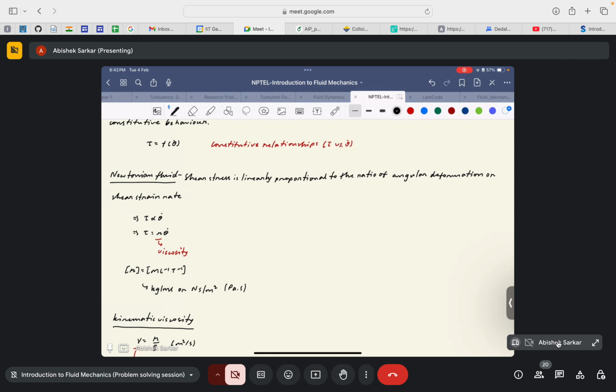This constant of proportionality between the shear stress and the shear strain rate is known as viscosity. There is a physical understanding behind viscosity, but a very crude mathematical expression to define it is the ratio between the shear stress and the strain rate, in the case of Newtonian fluids.